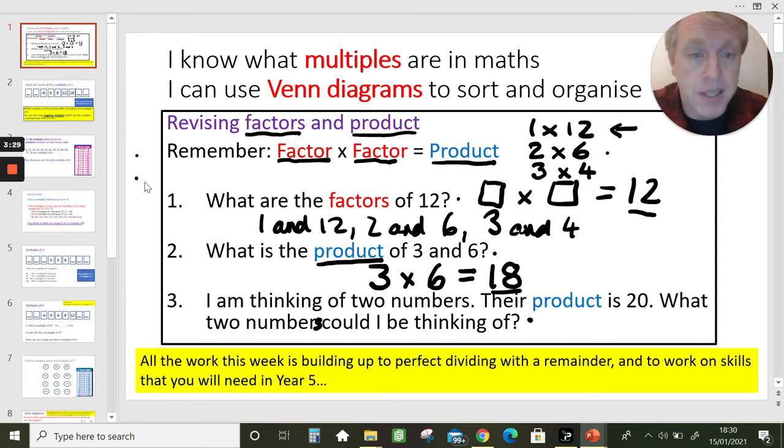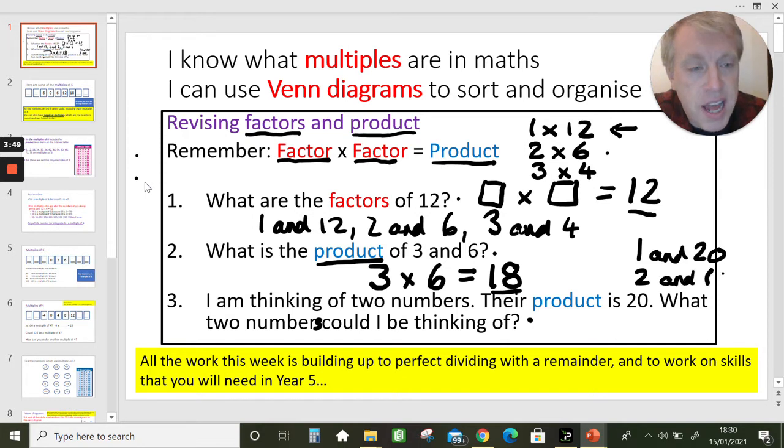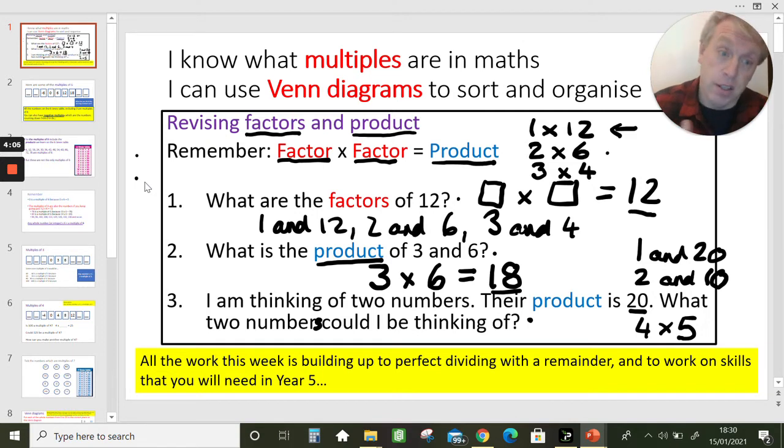I'm thinking of 2 numbers. Their product is 20. What 2 numbers could I be thinking of? Well, it's another factors question. So I'm going to work systematically. 1 and 20. After 1, 2. 2 and 10, because remember, the product is 20, so 1 times 20 is 20. 2 times 10. 20 is not on the 3s, it is on the 4s. 4 times 5, so it's on the 5s.